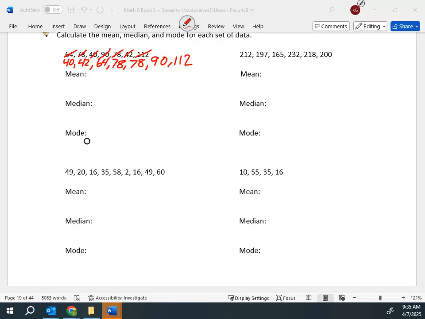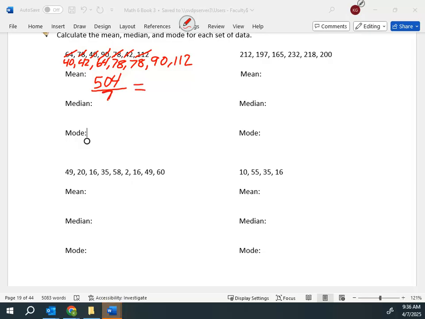To find the mean, what do I need to do with all of those numbers, Kylie? Add them all up. Who knows what all of those numbers add up to be, Kylie? 504. 504. Is that my mean? Now, what do I have to do, Sophie? I counted up, there were 7 numbers, so I need to divide it by 7.